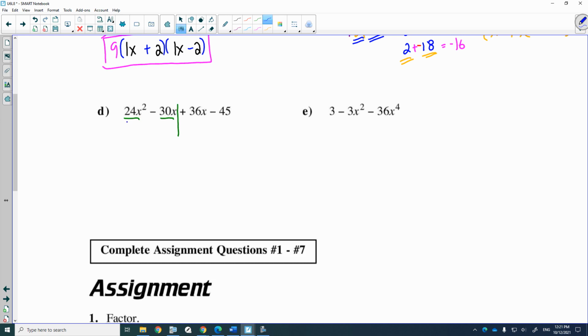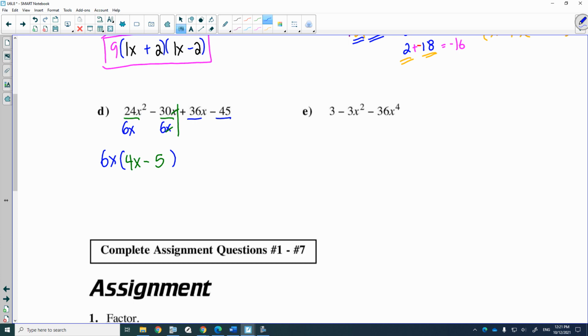Yeah, 6x. That goes in front of your bracket, and the answer goes in the bracket. So 24 divided by 6 is 4x minus 30 divided by 6 is 5, and your x's here will cancel.